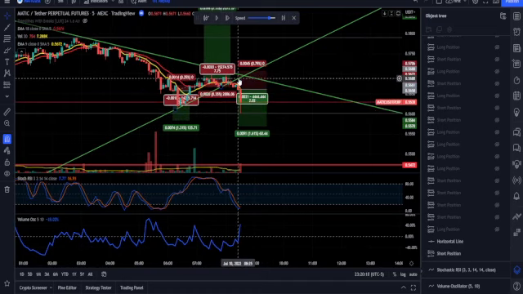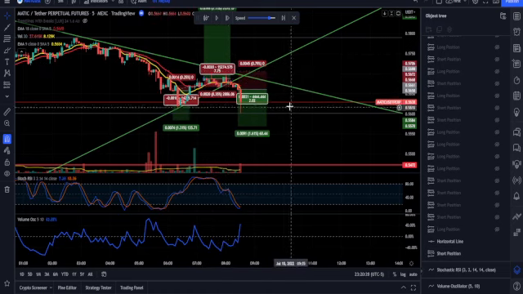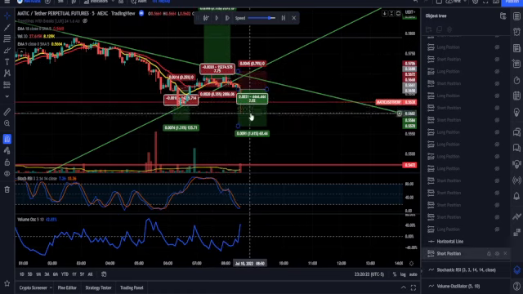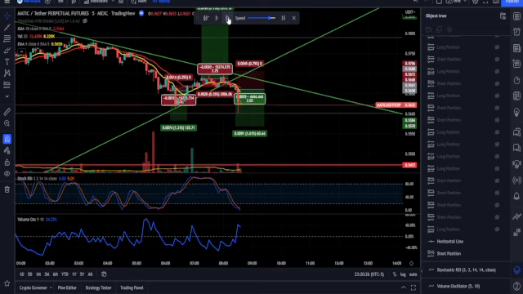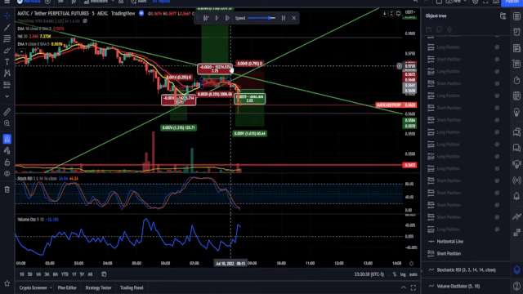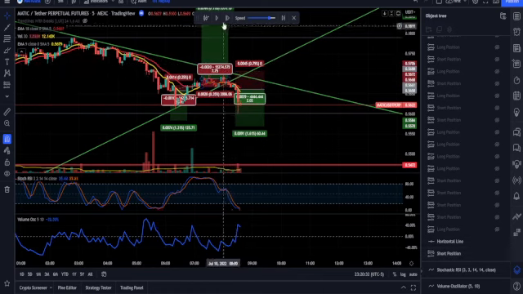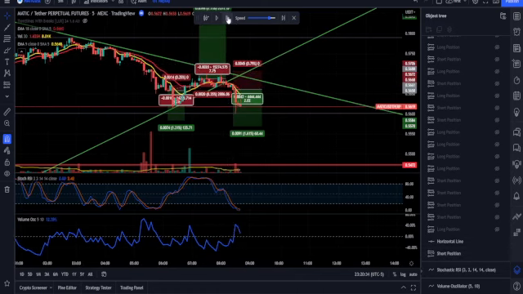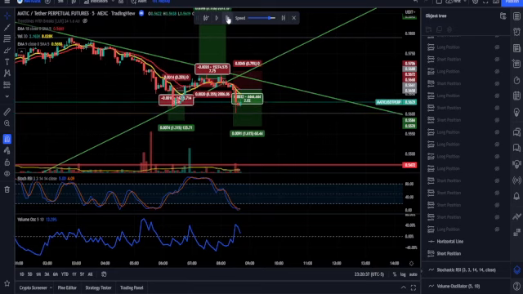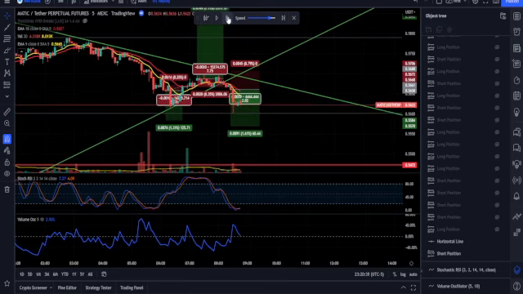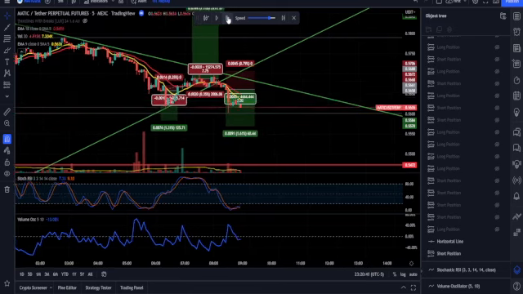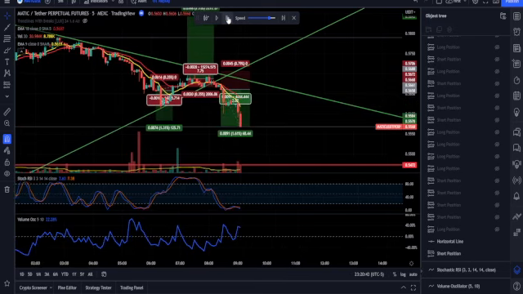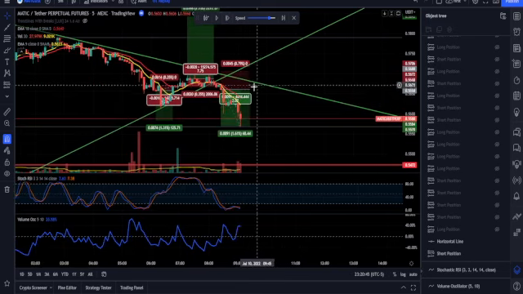So we broke the uptrend, we rejected off the downtrend, and once we re-enter the trade, our stop loss was above the downtrend. So now then, we'll continue forward and see how this trade plays, and there we have it.